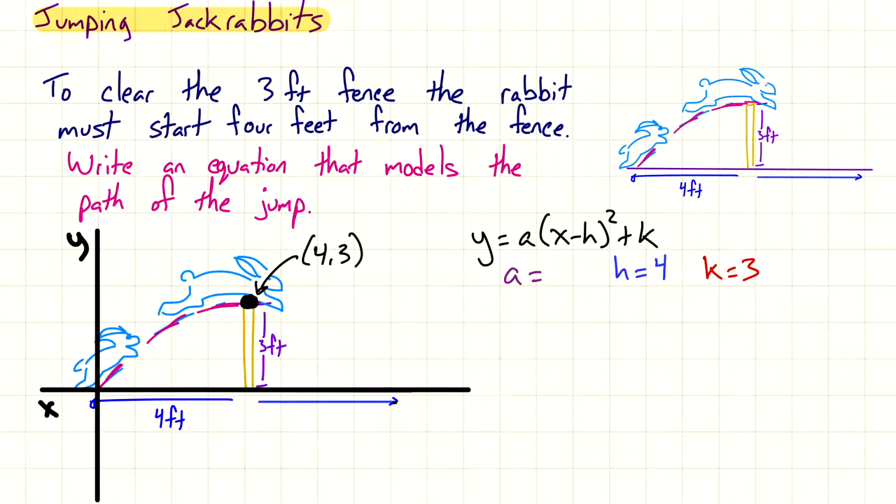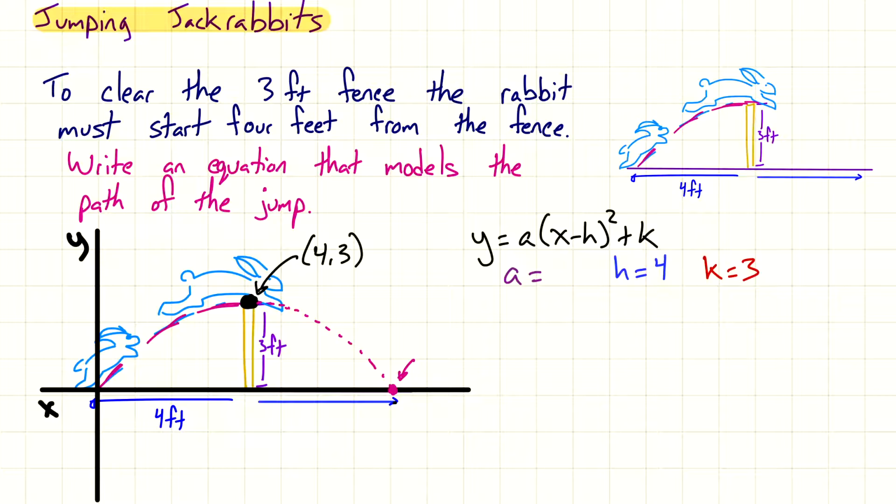All right, so technically we have some more information we could use. What we're assuming is the jump is going to carry this rabbit to this point here. This is like the landing point, right? This is where it's going to land.